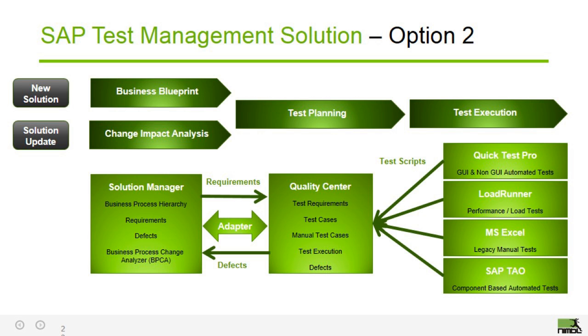Once you transfer those requirements into Quality Center, you can then build test cases or test scripts. They can be manual or automated test scripts to fulfill those test requirements. And then you can execute those test scripts and proceed ahead with testing.